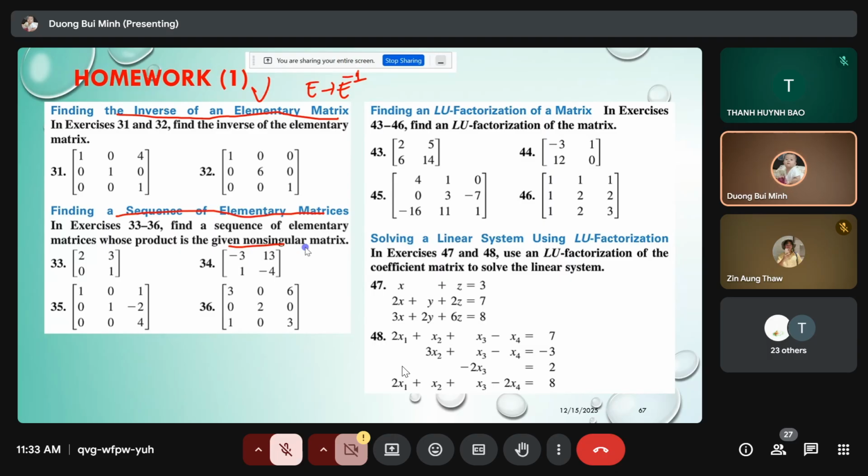That means here we have A, and we need to modify A to become I, and then you can get the sequence. So the inverse of A is E_k, E_{k-1}, and so on down to E1. Here is the sequence of elementary matrices.